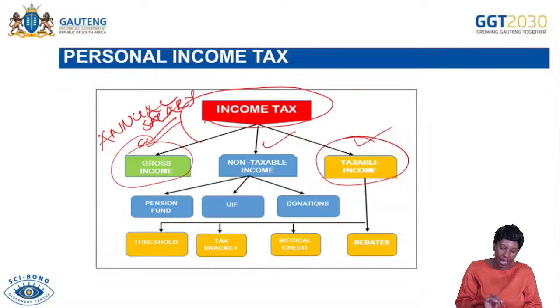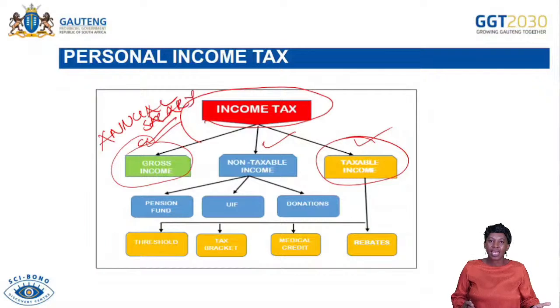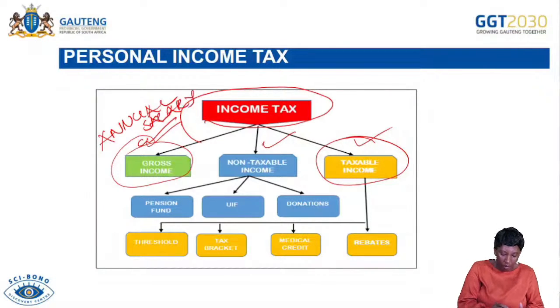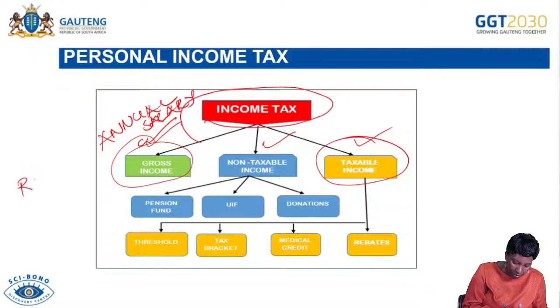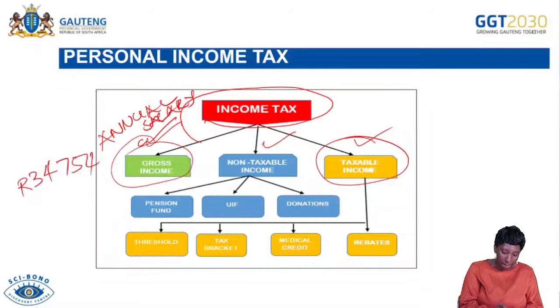Meaning with annual salary, if they tell you that I am earning 34,754 per month, they're telling you I'm earning 34,754 per month.